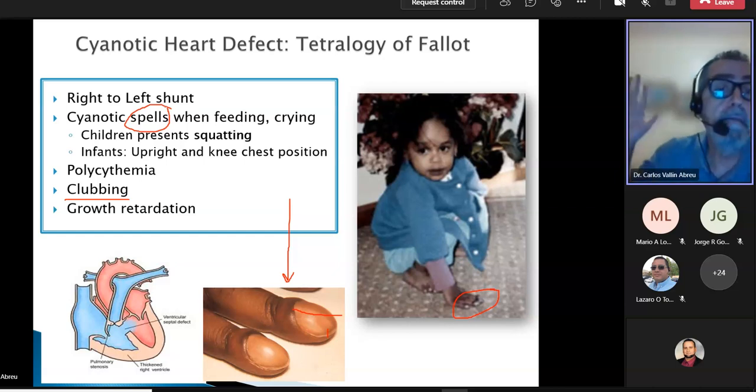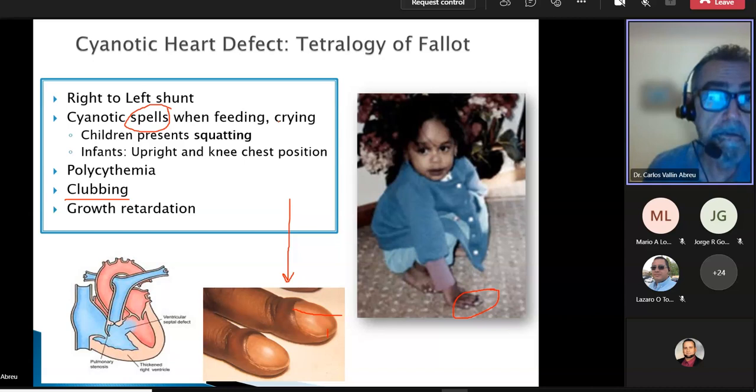And they cry, you know, especially when the nurse is near, because the procedures nurses usually do are painful. And when it occurs, if the child is able to squat, so squat is to adopt this position that you see here. What is this position?